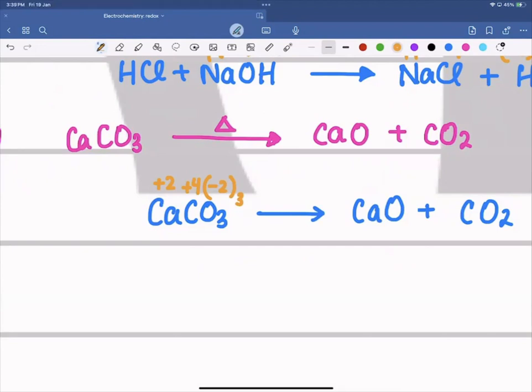Yes, sir. Hamza, why are you writing it as -6 only? Why are you not mentioning the charge of the individual atom? It will make you confused if you do otherwise. Then how will you identify whose element's oxidation number has actually changed?